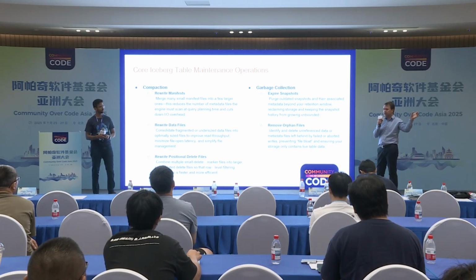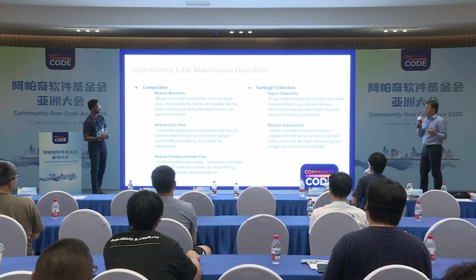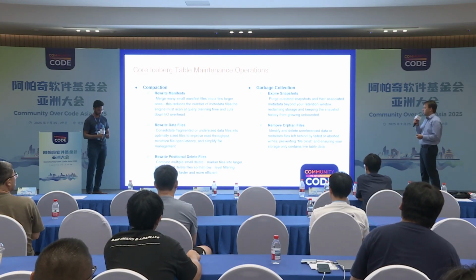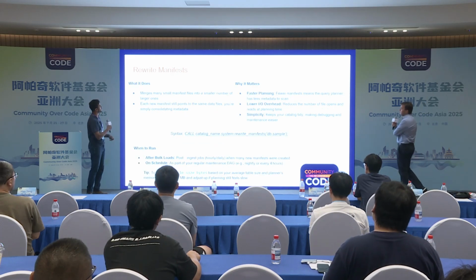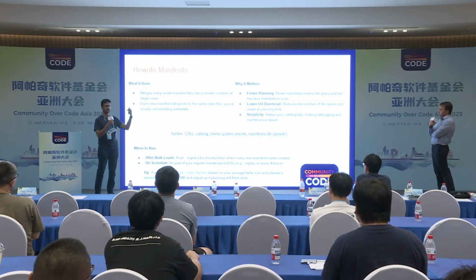But if you have billions of them, you can reach the limitation of the name nodes, or reach the problematic part of the catalog as well, so that you are not able to query effectively. So this type of maintenance is extremely important to do, and to have some kind of schedule around it. So let's start one by one on what these operations do and how we should do it.